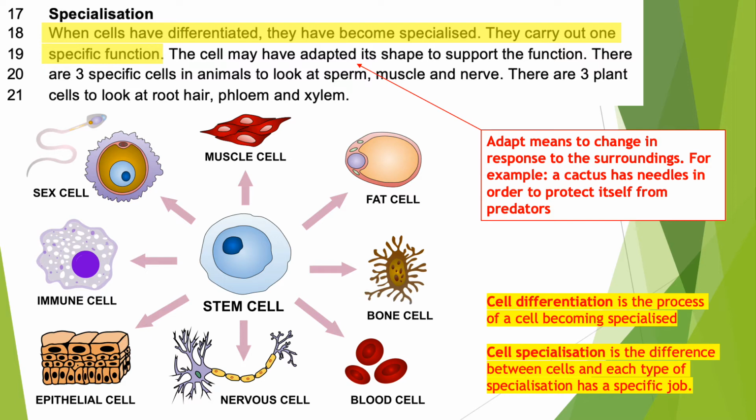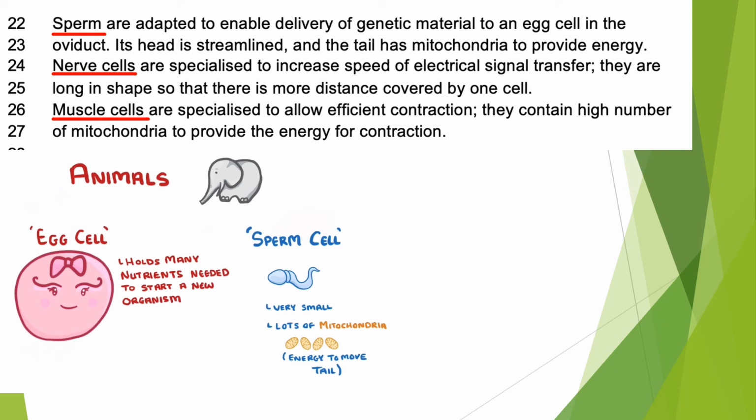And they both have very different adaptations. All right. So when it becomes specialized, then that cell has a specific job now. Okay. So here are the three types of cells we're going to look at in animals, right? So sperm, nerve cells, and muscle cells. So let's go through them in order here.